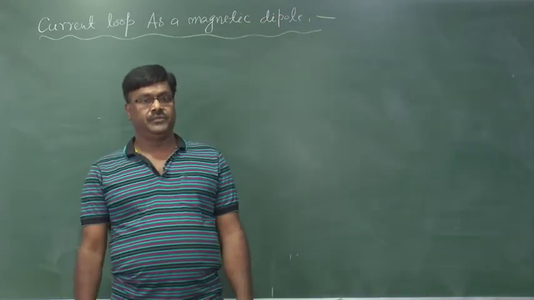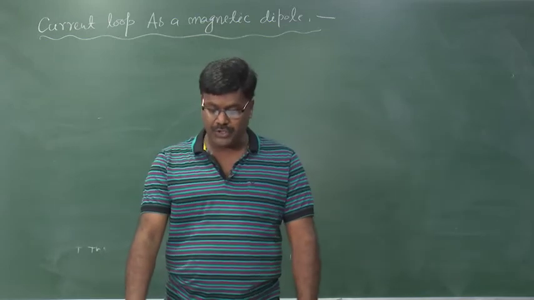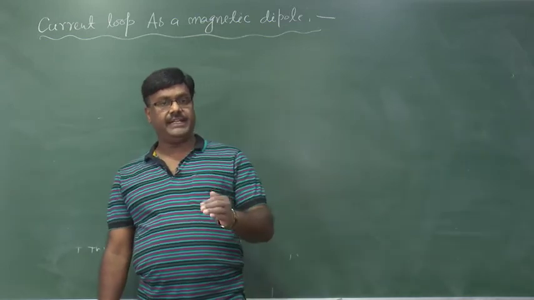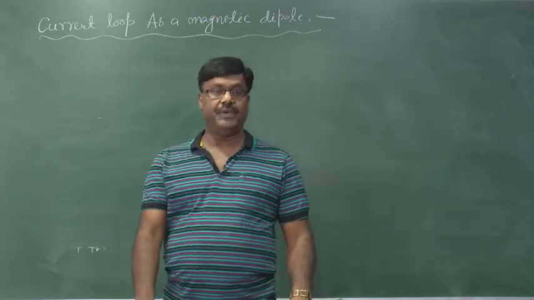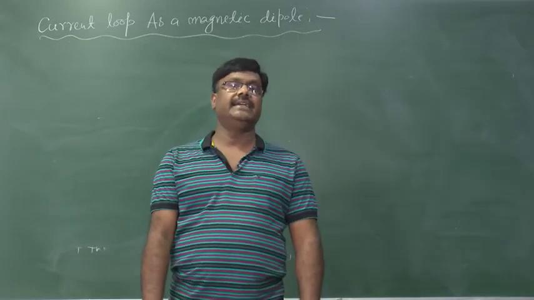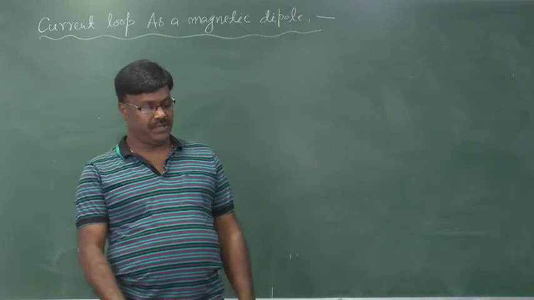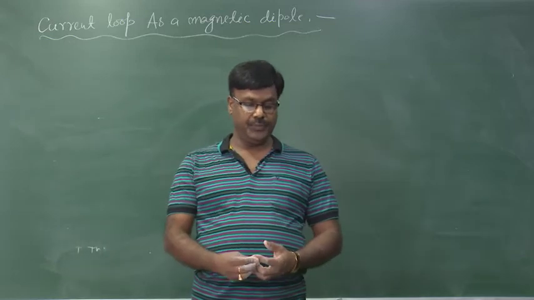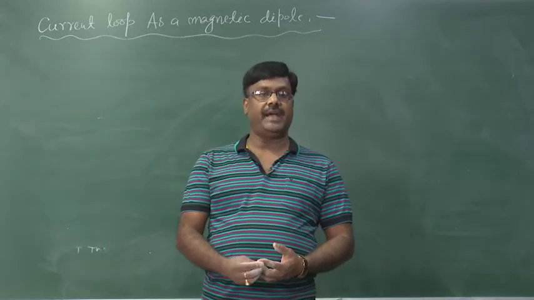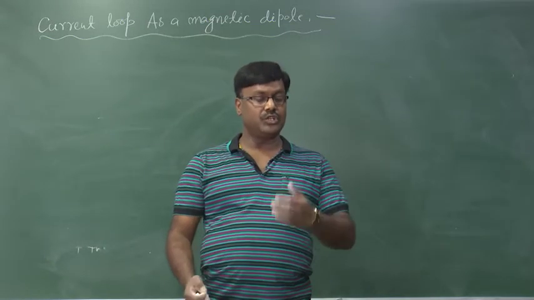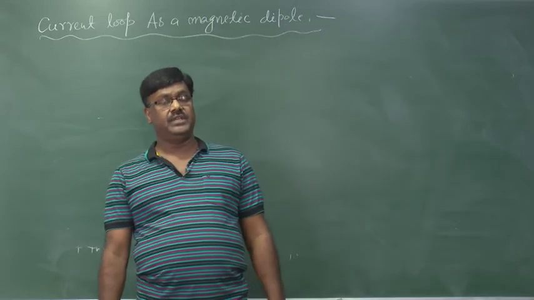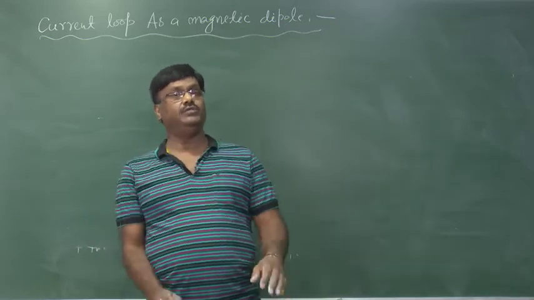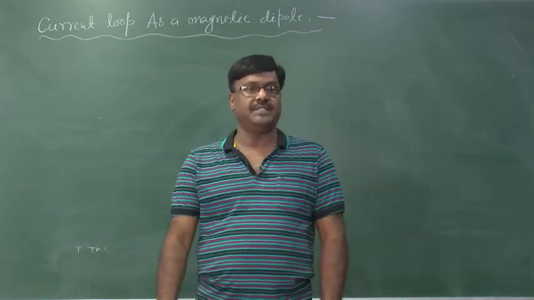Now, we have to show that a current carrying loop behaves as a magnetic dipole. A current carrying loop behaves like a magnetic dipole. So, to show this, let us first start with what we have observed previously.